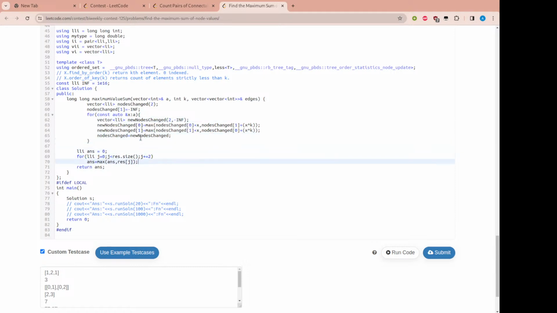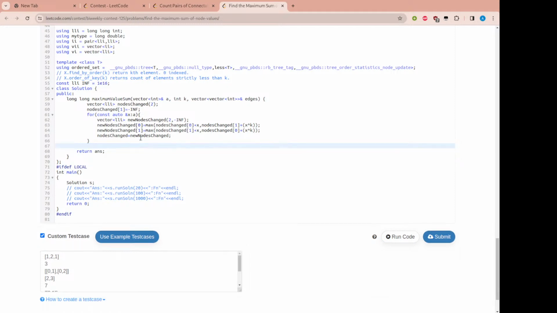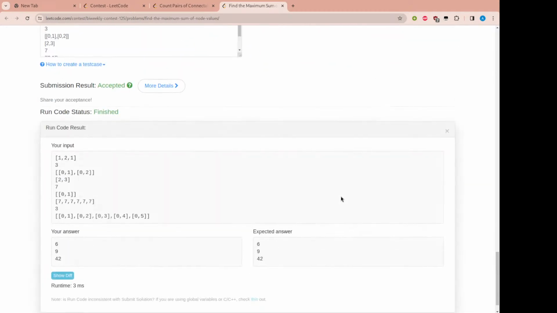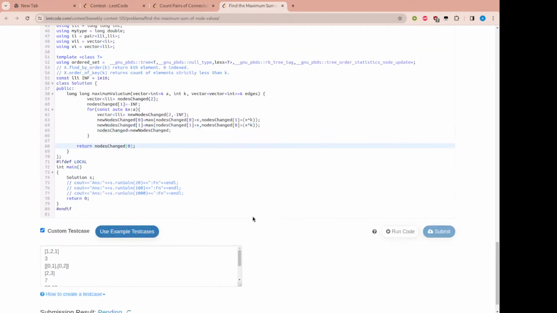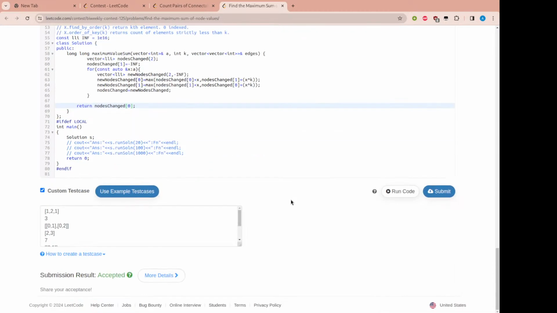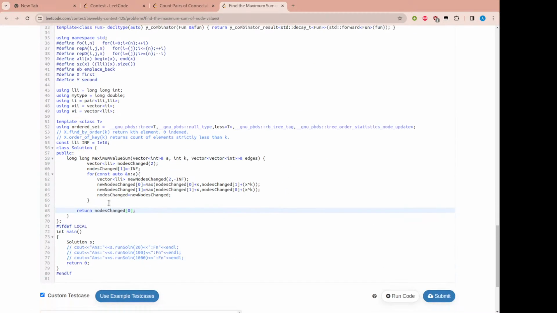And because we want an odd number of nodes changed, then this algorithm also works. We don't even have to care about the graph at all here. This short code will also work. And this was the main part of this problem.